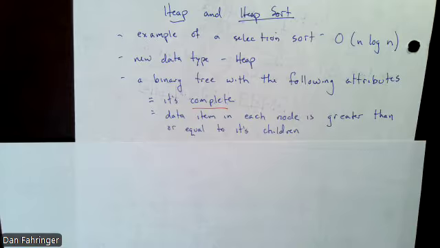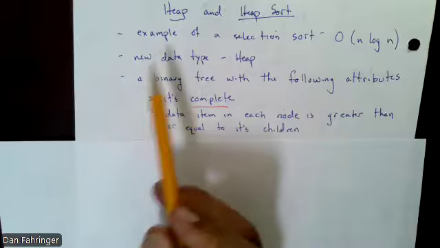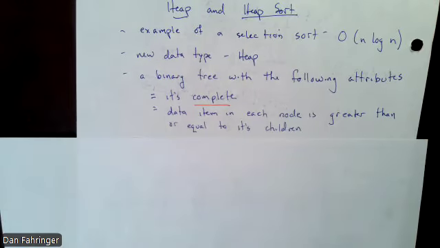So a minute ago, we were talking about grabbing a value in that first selection sort and moving it to the end right away. Well, we're going to do the same kind of thing. We're going to find the highest and move it to the end. Now, the problem is I need to do a little pre-work, create a heap before I can do the heap sort. All right, here we go.